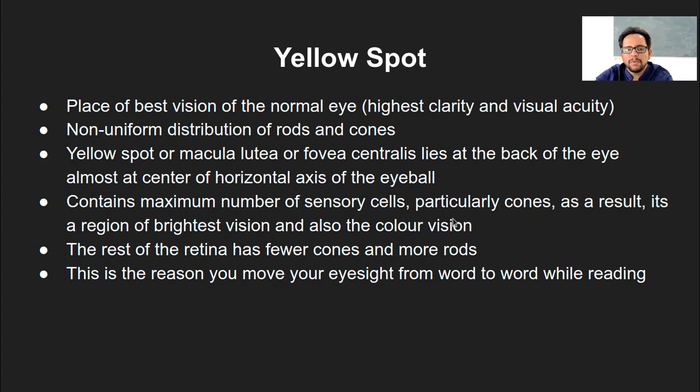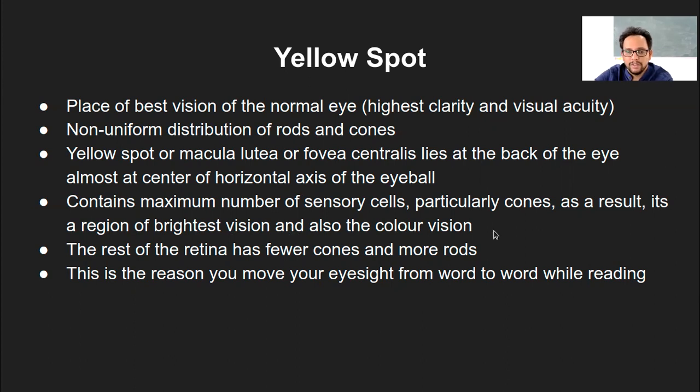One of the most important things to remember with respect to the yellow spot is that it is present at the back of the eye on the retinal layer, at the horizontal axis at the center of the eyeball. It has the maximum number of sensory cells, particularly cones. As a result, it is the region of brightest vision and also of color vision.